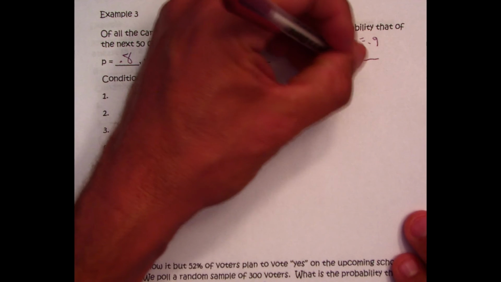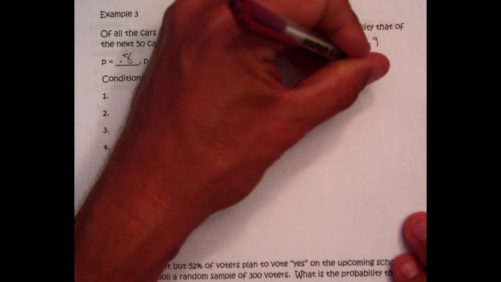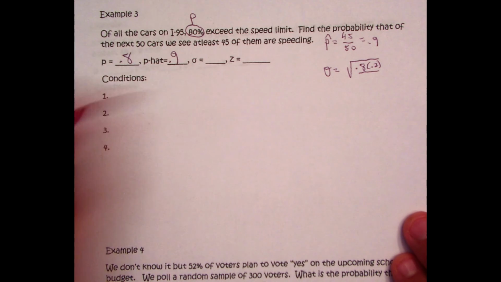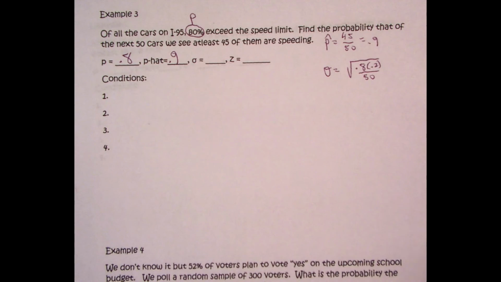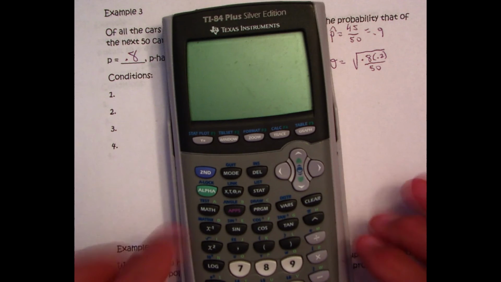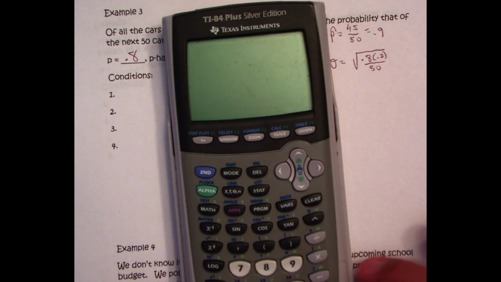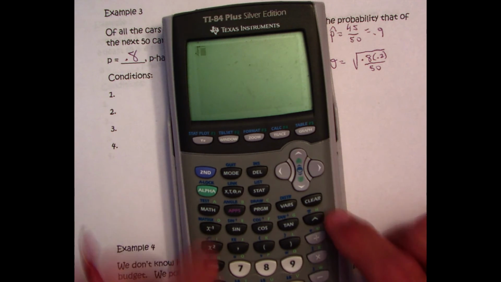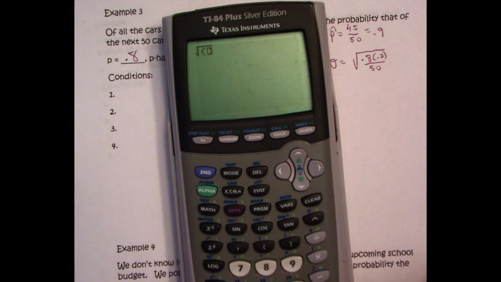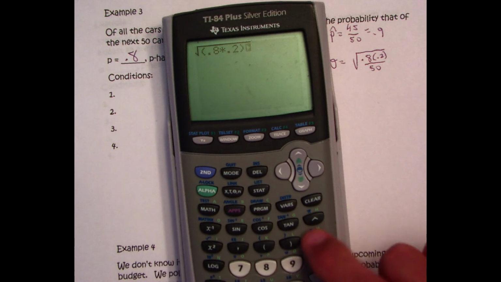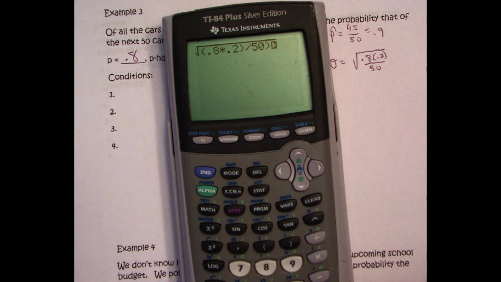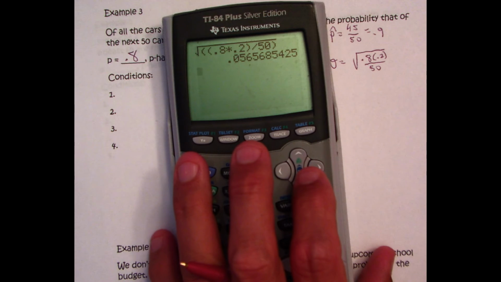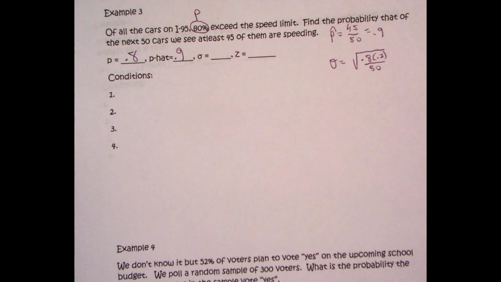We'll do 0.8 times 0.2, and n would be 50. Turn the calculator on. Square root of 0.8 times 0.2 divided by 50, and that's 0.05657.